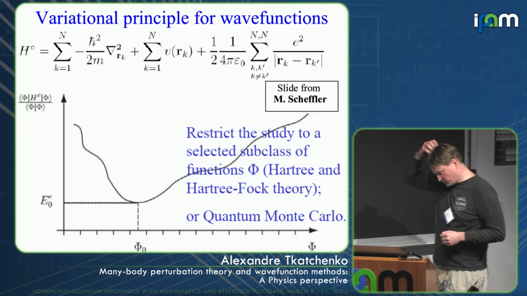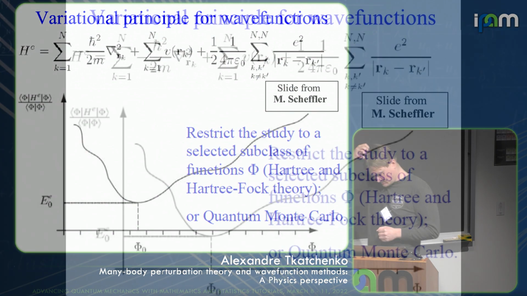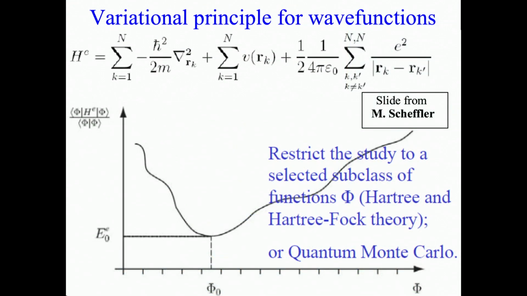Okay, so the simplest way to actually solve the Schrodinger equation, if you don't know anything, is to just propose a certain form of the wave function. Now, of course, it's not so trivial to propose a form for the wave function, which would include some functional form multiplied by certain coefficients, which you optimize.